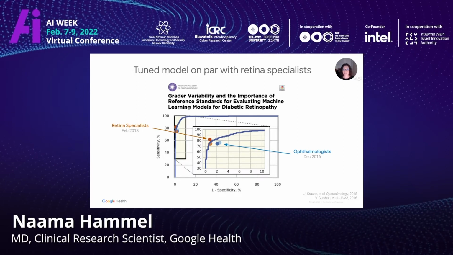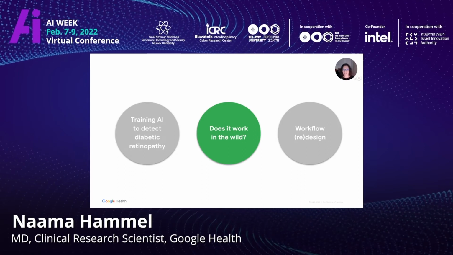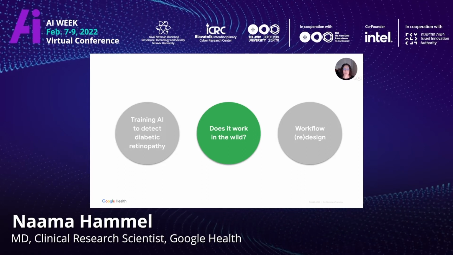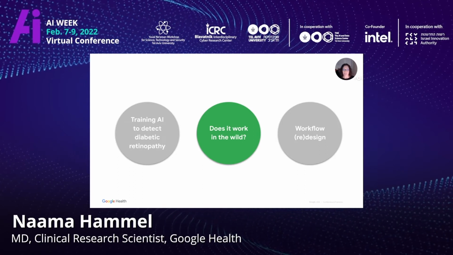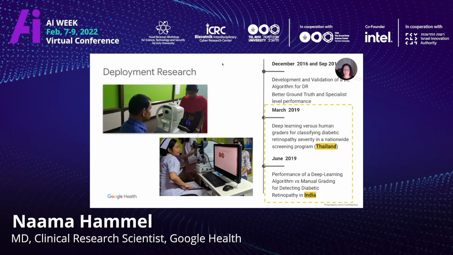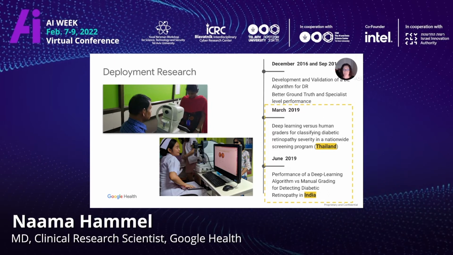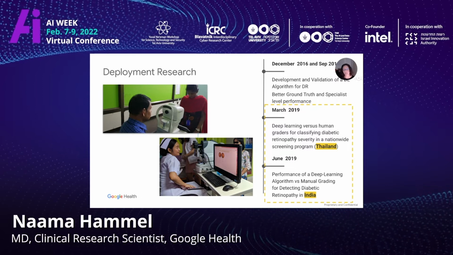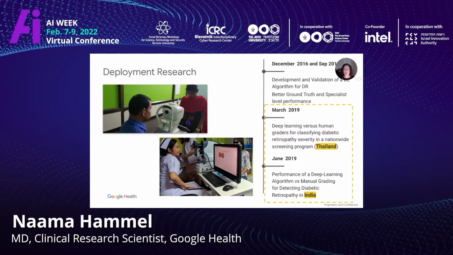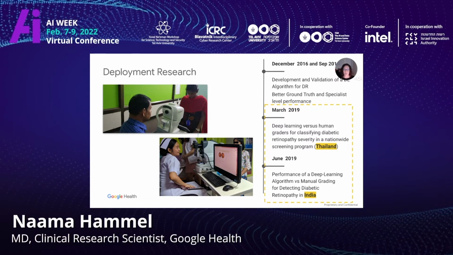Have we prevented blindness? So the next question is to ask, well, how does it work in the wild, in the real world? And for that, we launched quite a few deployment research studies, bringing the model into the clinic, into the screening process, and seeing how it integrates and how it affects all the people involved.